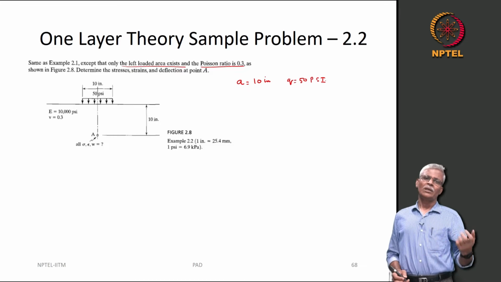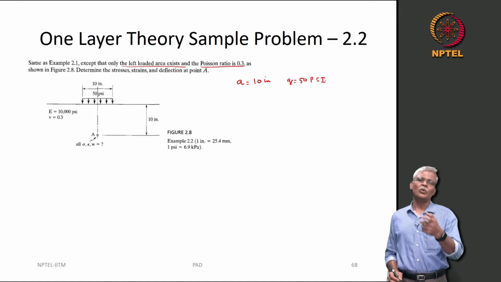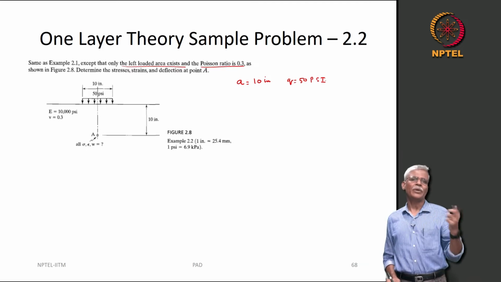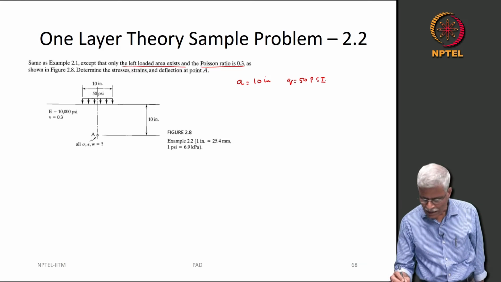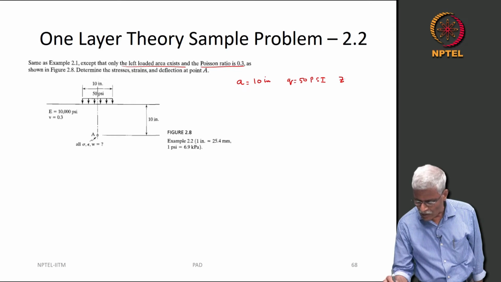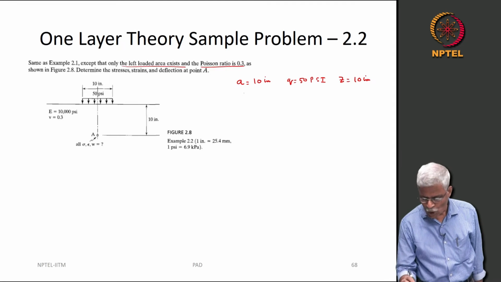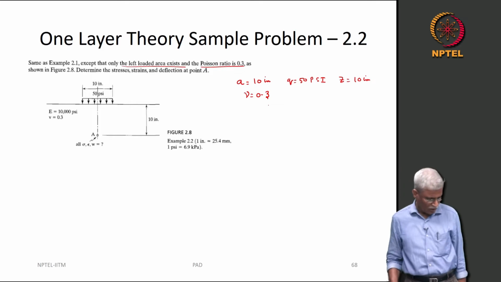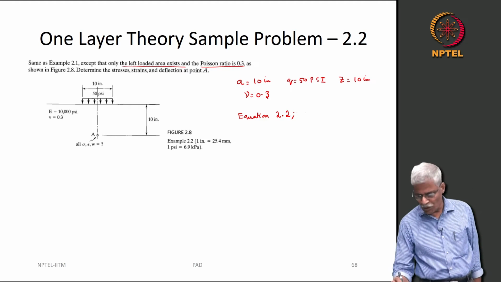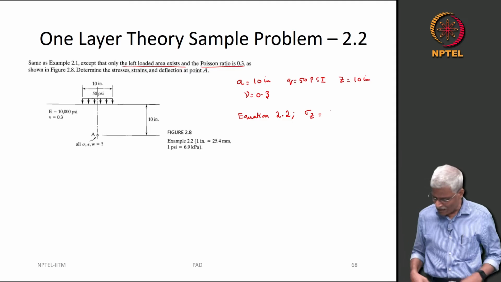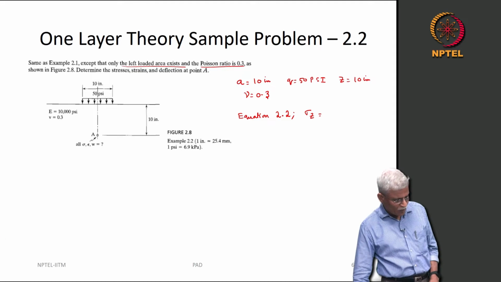If you have the textbook handy, you will be able to find these equation numbers, and all these equations have already been shown to you. z is equal to 10 inches, nu is equal to 0.3. Okay. So, use equation 2.2.